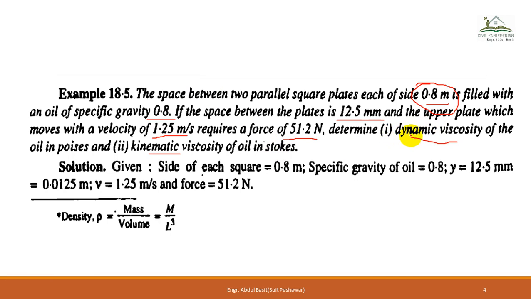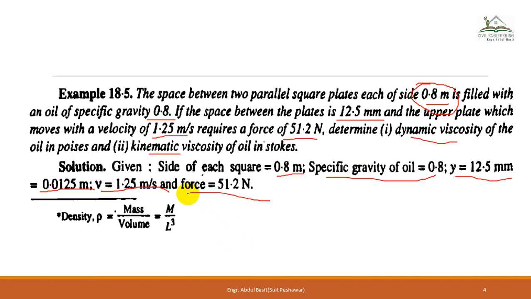The first thing is dynamic viscosity; we need to find dynamic viscosity first. First of all, adjust these units accordingly. Each square has side length 0.8, specific gravity is given as 0.8, y is given as 12.5. Convert it to meters, and velocity is given in meter per second, force is given as 51.2.